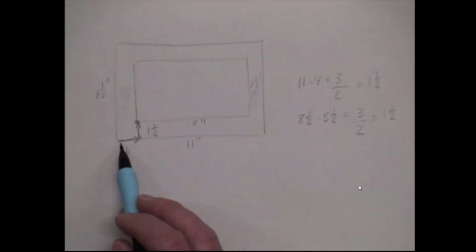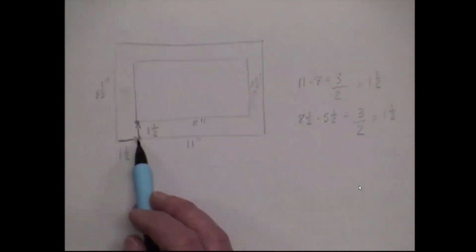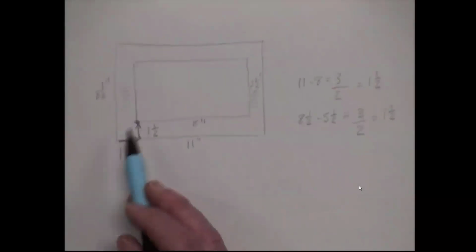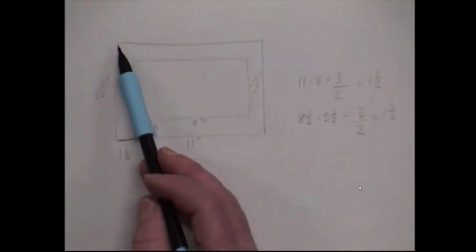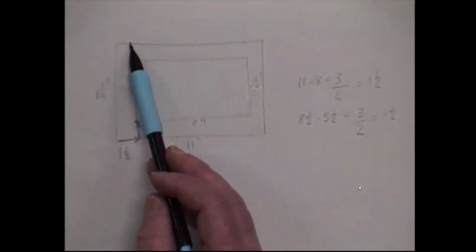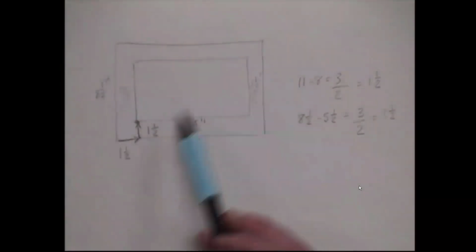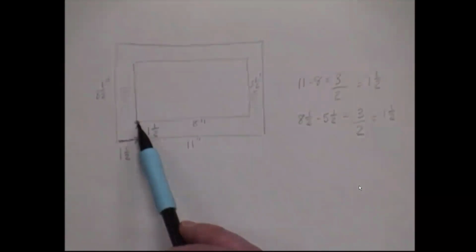On your 16 scale, from the edge of your paper, measure over 1.5 and up 1.5 to get our start point. Remember, we're not doing that all the way around the corners. We wouldn't want to go 1.5 over and down on each corner. We just want that one start point, because all this does is center your drawing.